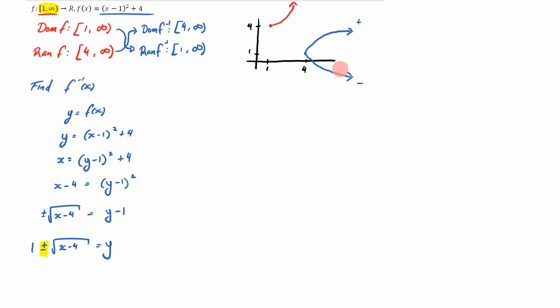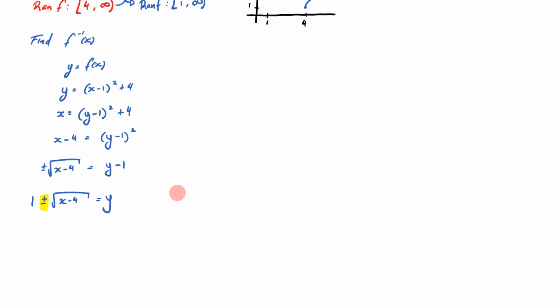We need to reject one of these branches, and we need to figure out which of these we're going to reject. The way in which we determine which one we reject is by looking at the range of our inverse, because we know that the range of our inverse is from 1 to infinity. So it's 1 up, which means this bottom part of the graph doesn't exist. We only care about this top part. So we can write down what we've done here, so that you can come back later to your notes and understand what you've done.